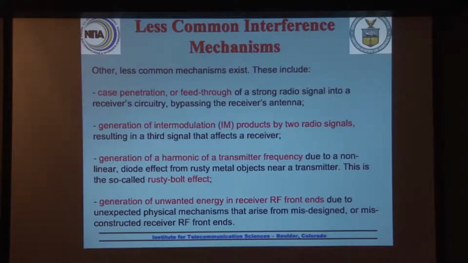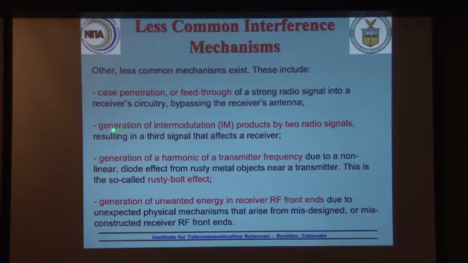Now, there are less common interference mechanisms, but less common doesn't mean never. One way that a receiver can get interference other than what we've discussed is case penetration or feed-through, in which a strong radio signal comes directly into a receiver's circuitry, bypassing the antenna altogether.